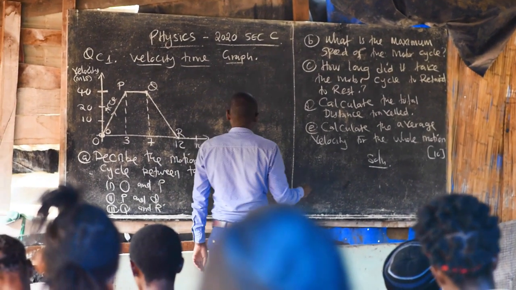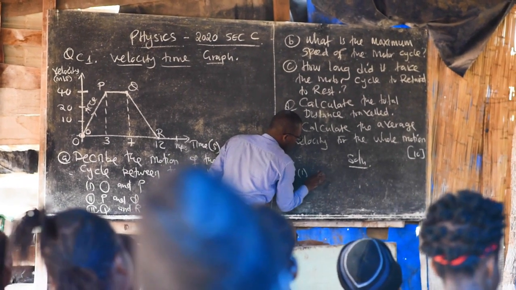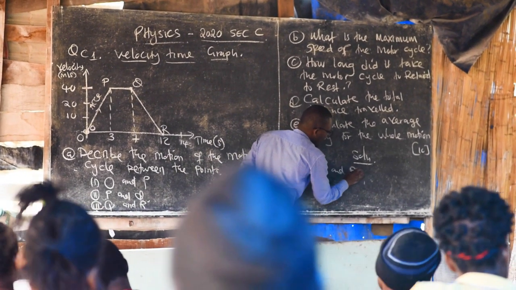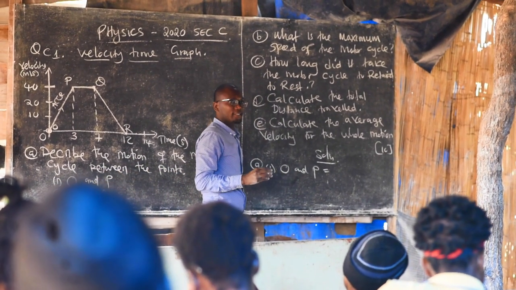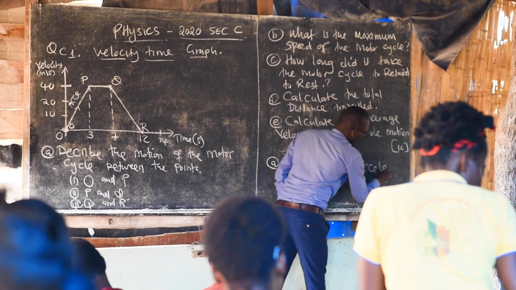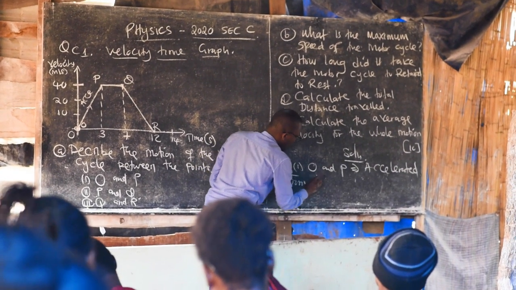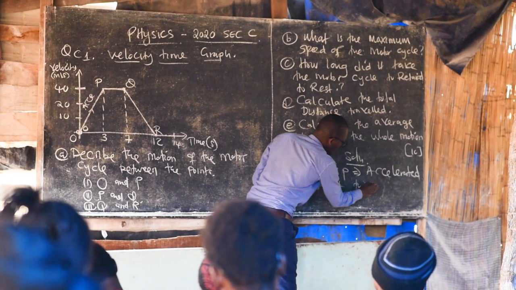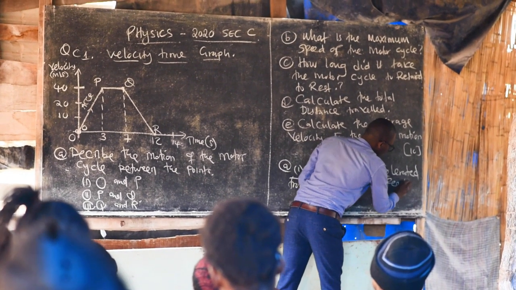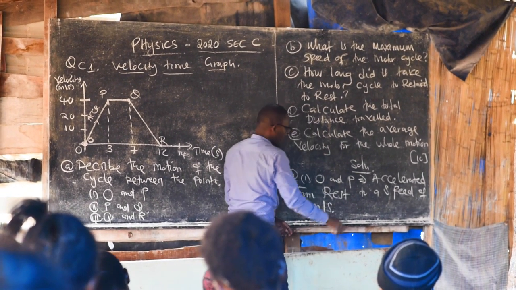So our answer for A part 1, moving between O and P: accelerated from rest to a speed of 40 meters per second.